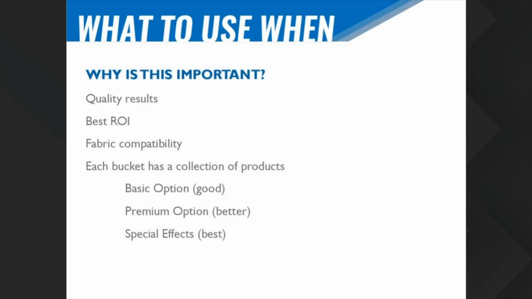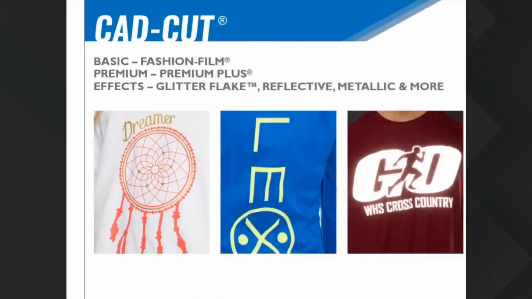I tell people all the time, and I do this as well when I'm presenting to my customers, always have physical samples on hand, whether that's a really cool t-shirt or a hoodie, maybe throw in a hat and a bag, with your good options, your better options, and your best options. It's a great way for your customers to touch and feel and see what's in their budget. It's always a great way to sell.